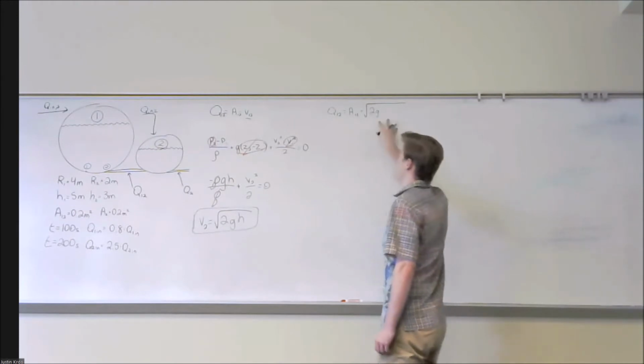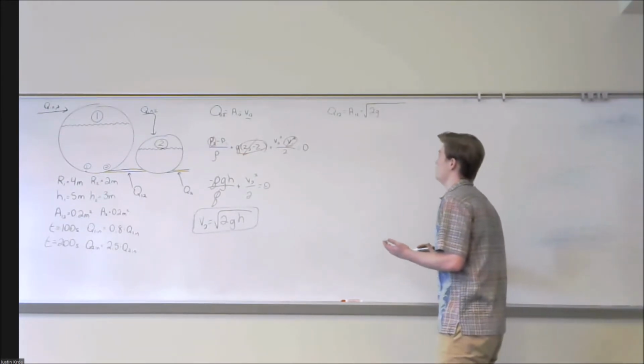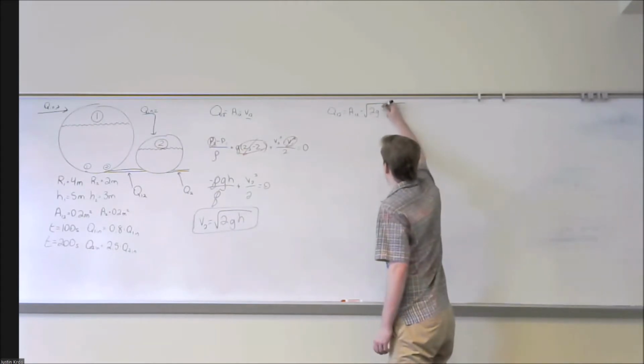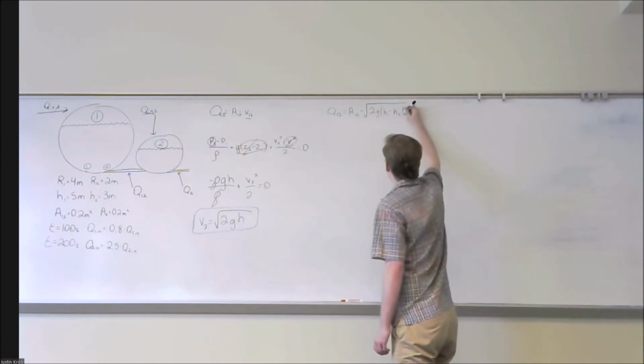And because it's underneath a square root, we always want it to be positive. So we're going to use the absolute value of H1 minus H2.